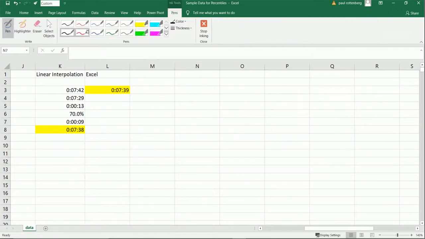I'm going to write the formula here and explain how it works. Excel's looking for a rank order, and its formula is n, which is the number of values, equals the percentile, or the percentage over 100, times the count minus 1, plus 1.